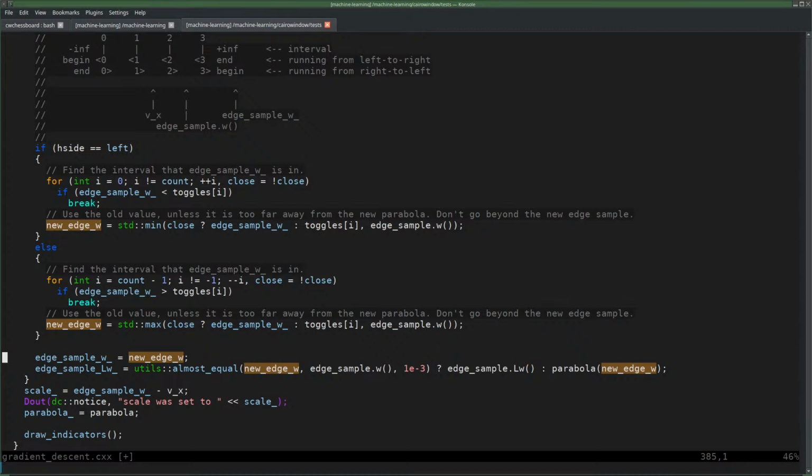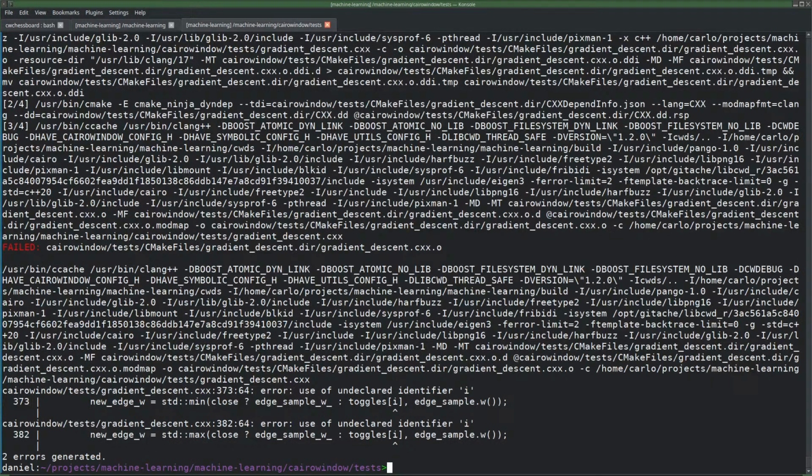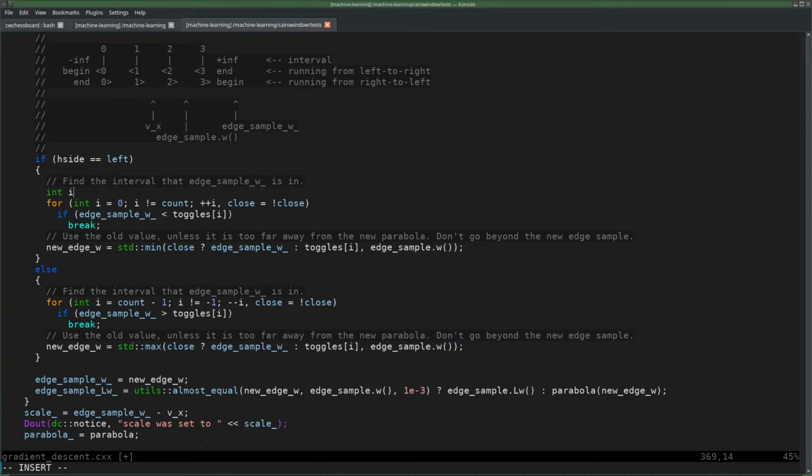I think it works. I is no longer known, so I did need it. No, I'm gonna make it a while, otherwise it just looks silly. I don't like that.